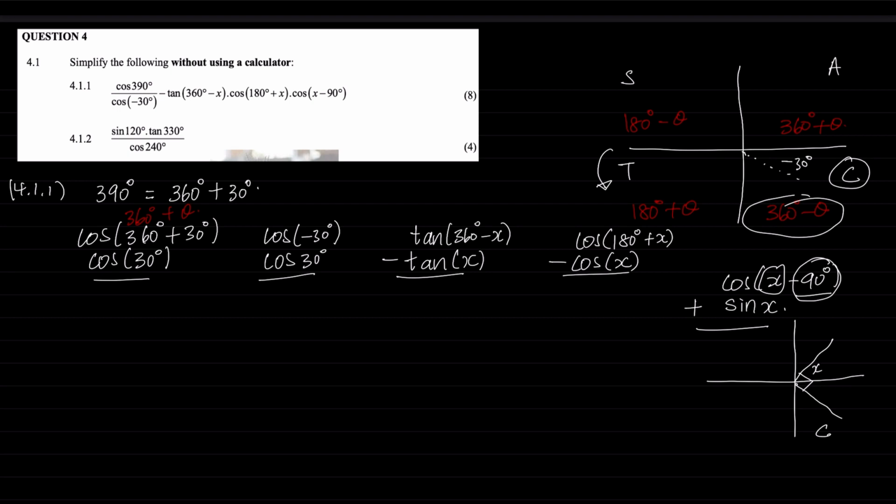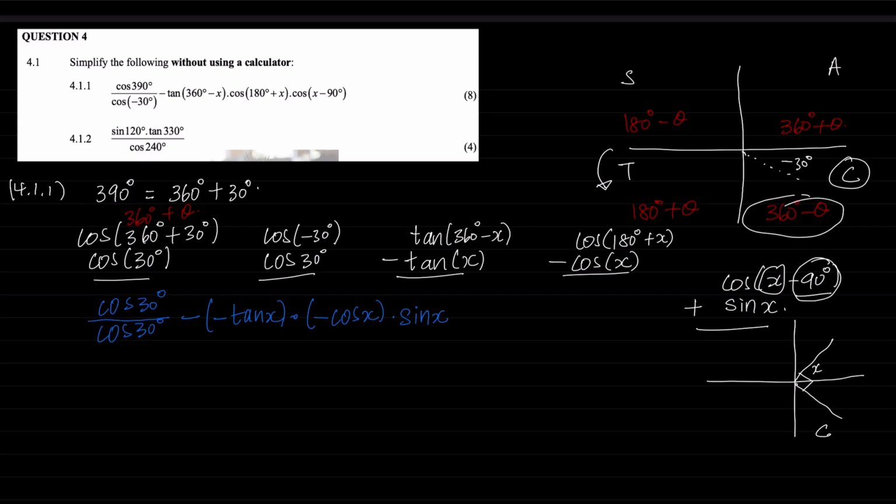So cos of 390 we got is cos of 30. So cos of 30 divided by cos of minus 30, we said is cos 30. Then minus tan x, and then multiplied by cos of 180 plus x, we said is minus cos x, and then we have times sine x.